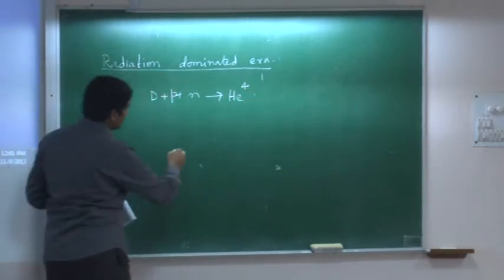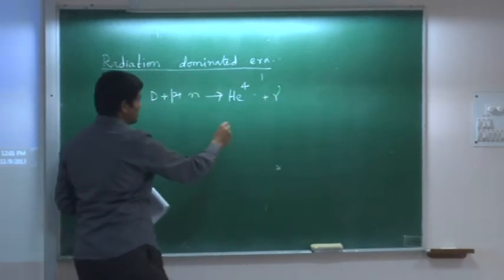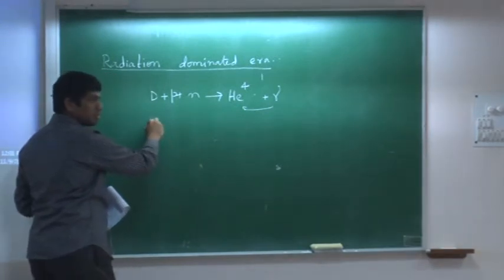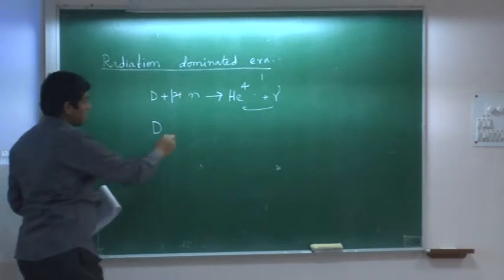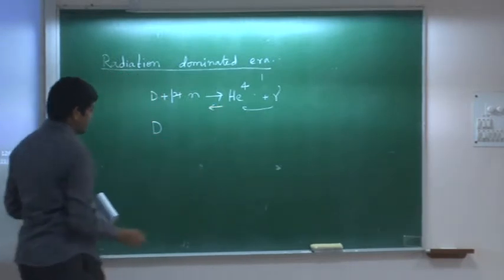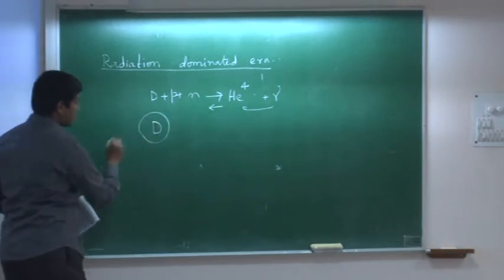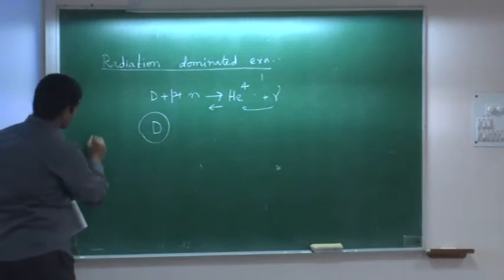But again, there is some radiation, and this radiation dissociates the helium 4, so there is a finite amount of backward reaction rate, which makes some of the deuteron escape. Okay, so some deuteron escapes.